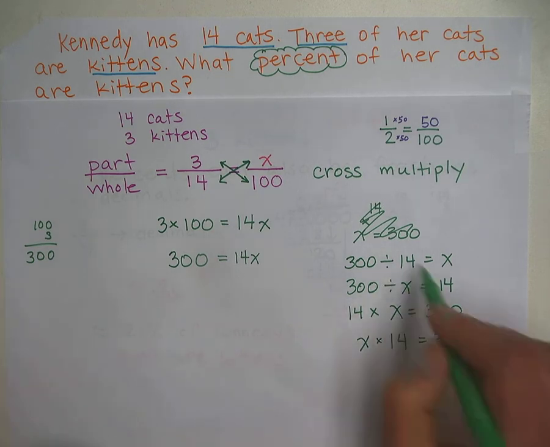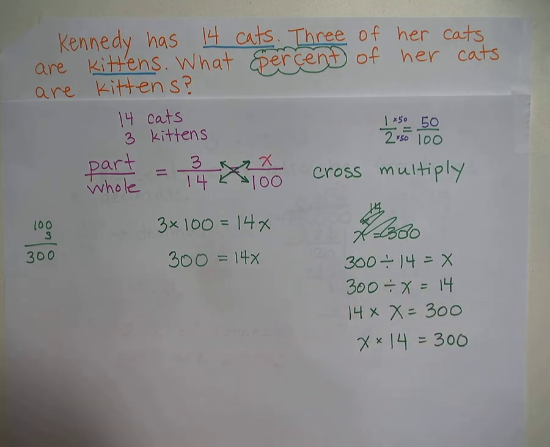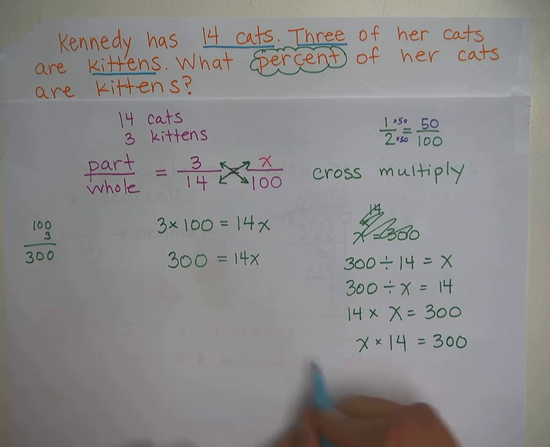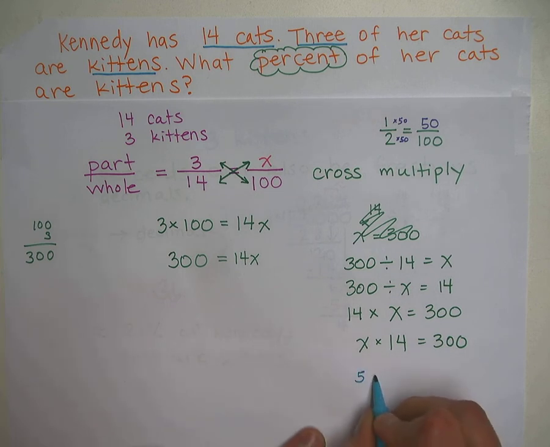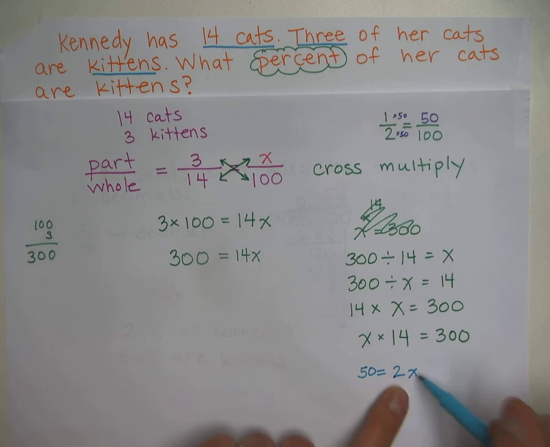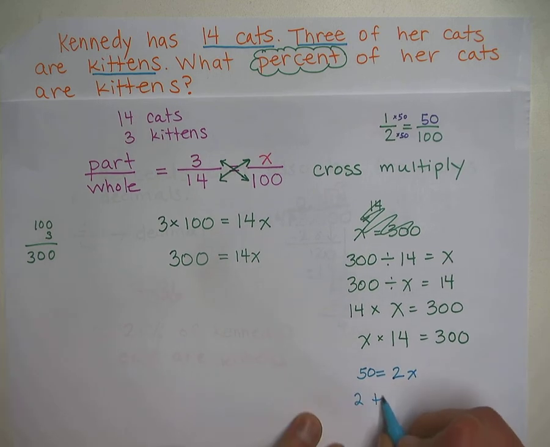If you think of it as an easier math problem, let's say you have 50 equals 2x. So you would ask yourself, okay, 2 times what equals 50?